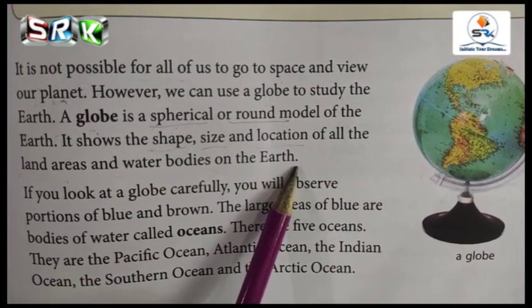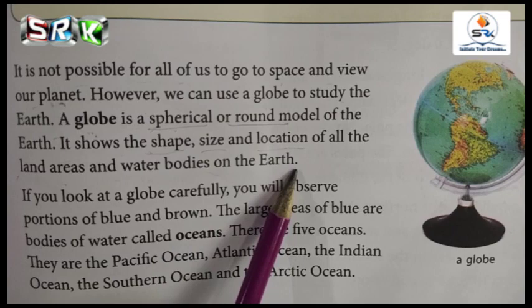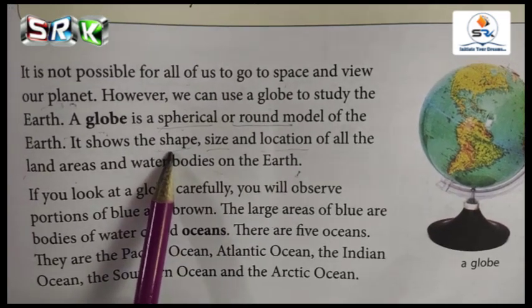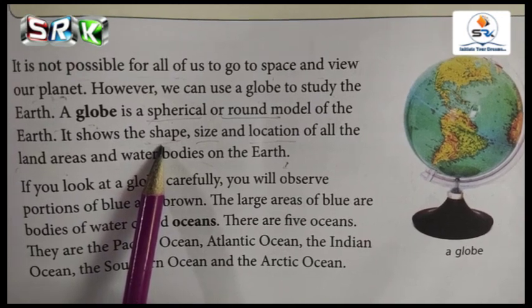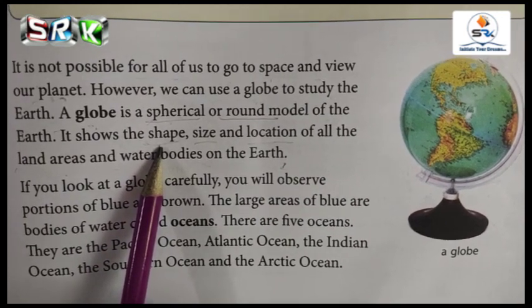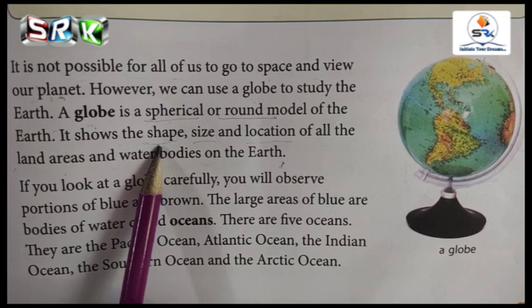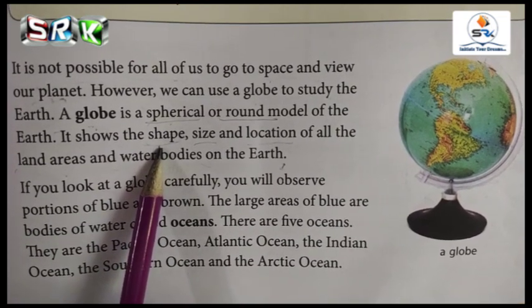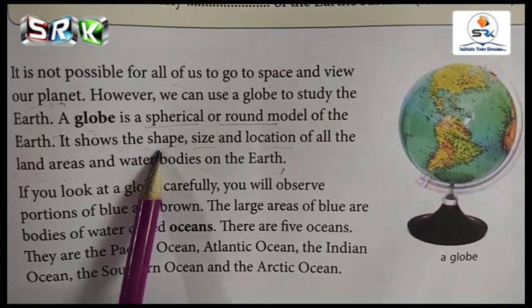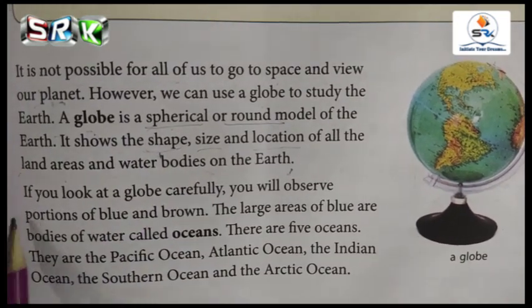Using a globe, we can know what the shape of a place is, what its size is, where it is located, and where the land areas and water bodies are. So we know about all of it.